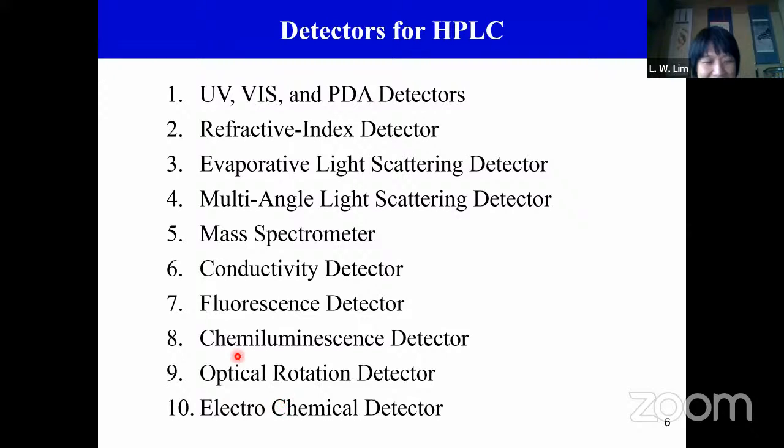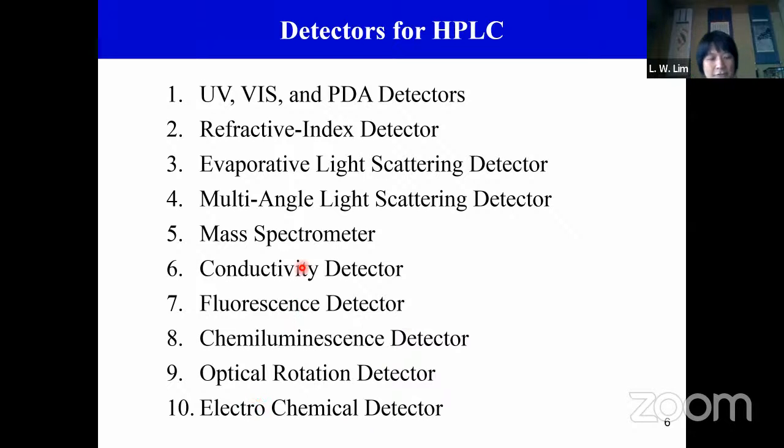It is a bit different from chemiluminescence, because that one needs a luminescent reaction where you see changes in color, while this one detects changes in electricity. The mechanism is a bit different, but most of these kinds of detectors are on the market.